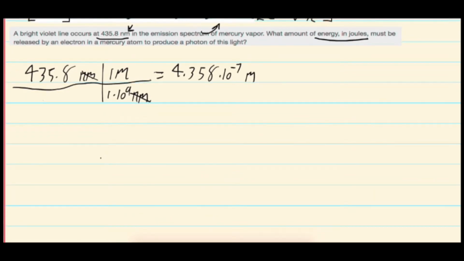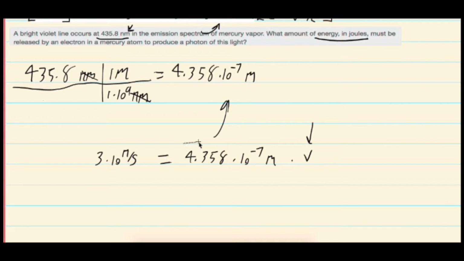The speed of light equals 3 times 10 to the power of 8 meters per second, and that equals our wavelength, which is 4.358 times 10 to the power of negative 7 meters, times our frequency. In order to get our frequency alone, we can rearrange this equation.